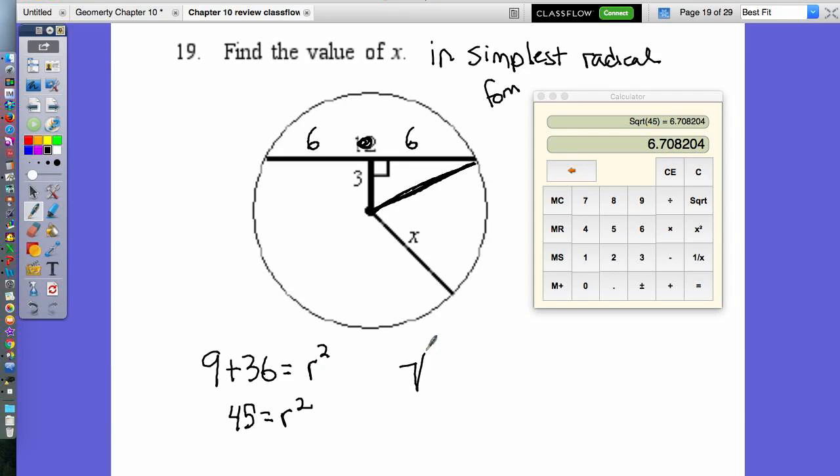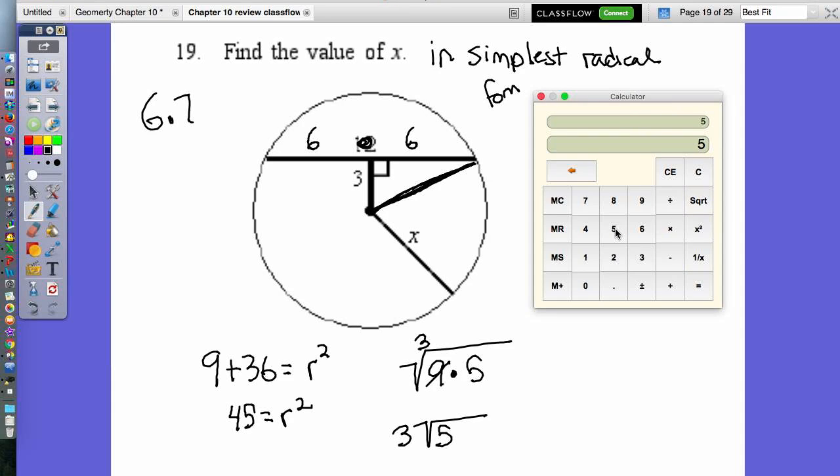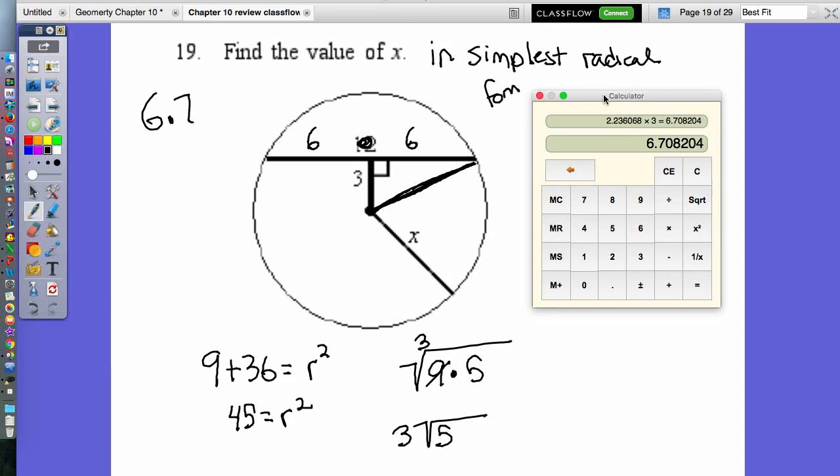That would be 9 times 5, square root of 9 is 3, so in simplest radical form, that's 3 radical 5. Now remember, as a decimal, this was 6.7. If you actually did 5 square root times 3, you would get 6.7.